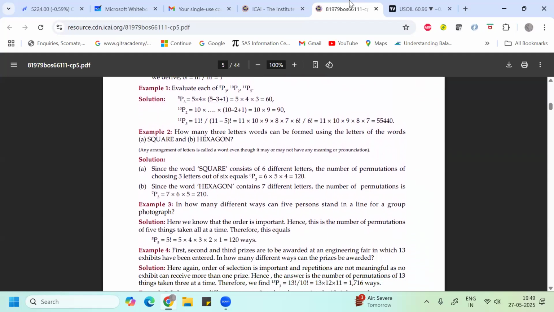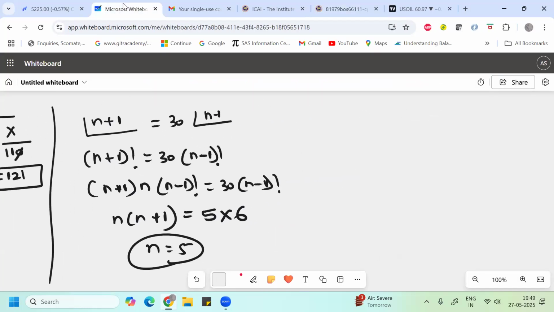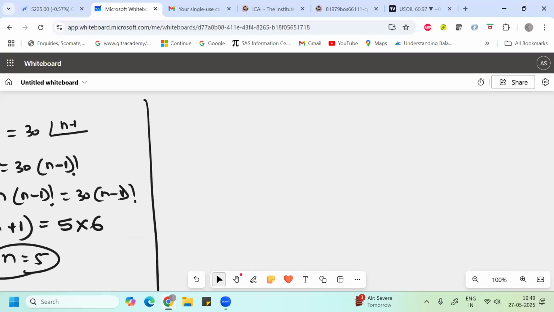How many three-letter words can you form from the word SQUARE? Square is a six-letter word. So how many three-letter words can you make? That would be 6P3. From six letters, you first select three letters and those three letters you arrange in 3 factorial ways.